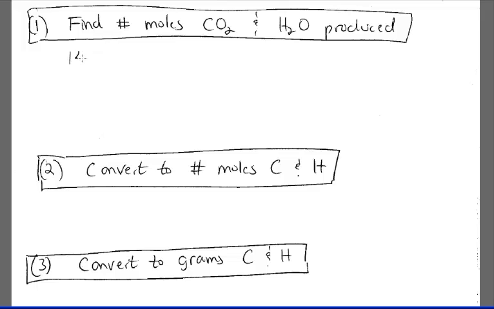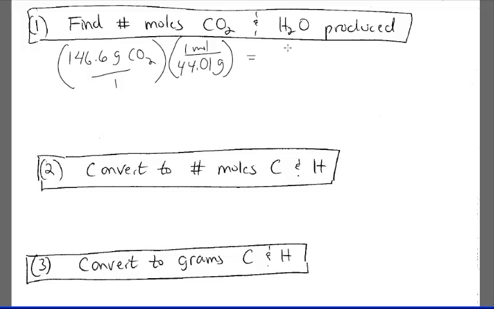Take the amount of carbon dioxide and turn it into moles by using its molar mass, 44.01 grams per mole. So we get 3.331 moles of CO2.